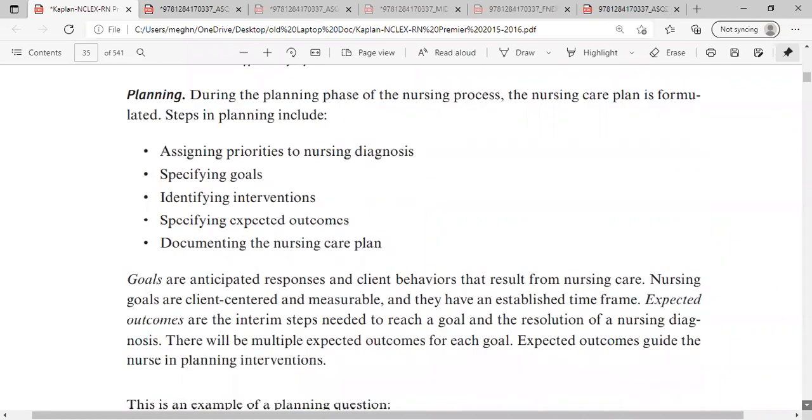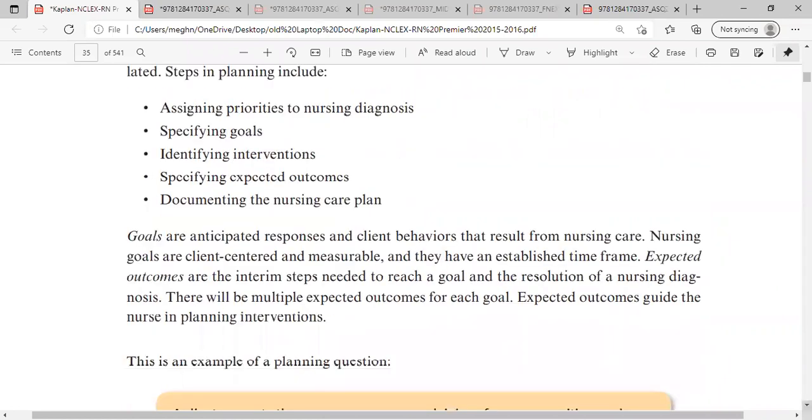The goals are the anticipated response and client behavior that result from nursing care. Nursing goals are client-centered and measurable, and they have an established time frame.